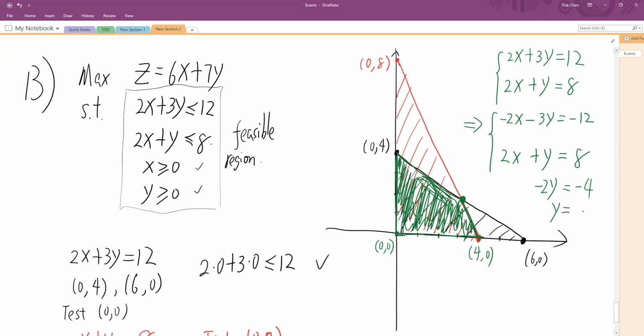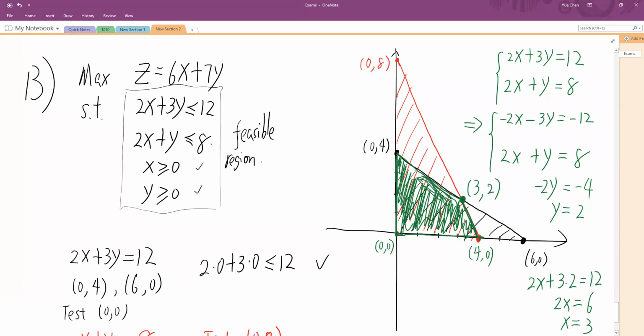So y equals 2. What is x? We just plug into any equation you want. Let's plug into the first equation, right? So 2x plus 3 times 2 equals 12. So 2x equals 6. So x equals 3. So we have this point is 3, 2.